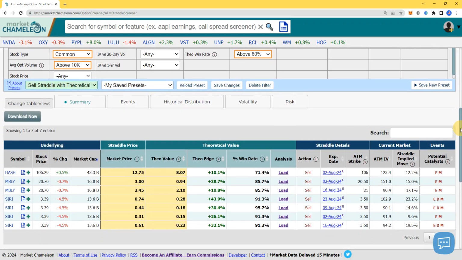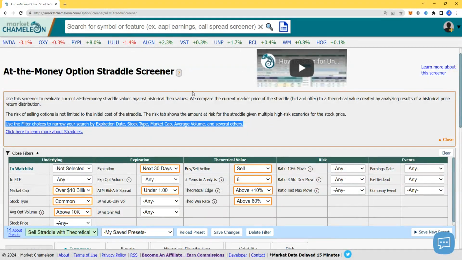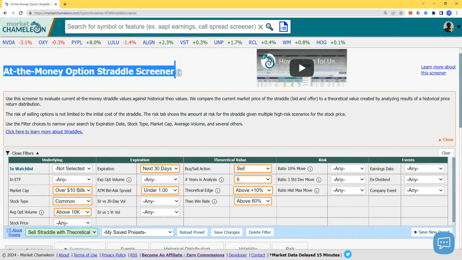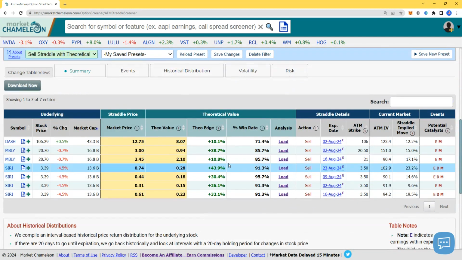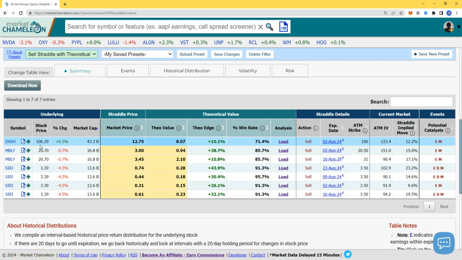But if you do want to play the straddle because you collect at-the-money premium, which is, as I said, the highest on day one, the second that you sell the option, here is the screener, and let's see what we got. Now we got not a lot. Let's see DoorDash, for example. Just for the example, we got ourselves price 106.29, market cap 43 billion, market price 12.75, theoretical value 8.